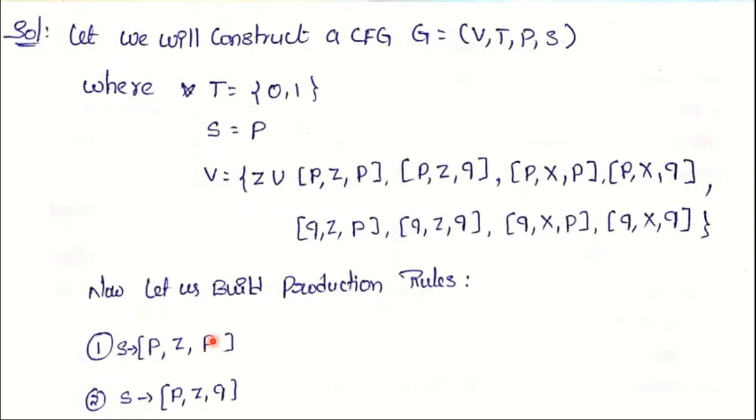Given that there are 2 states, one time we consider the next state as P, and another time as Q. So the starting state is fixed, P, and the top of the stack is Z, and whenever we read from current state P with stack symbol Z, we go to next state P or Q. So that's why we consider 2 production rules for the starting symbol.